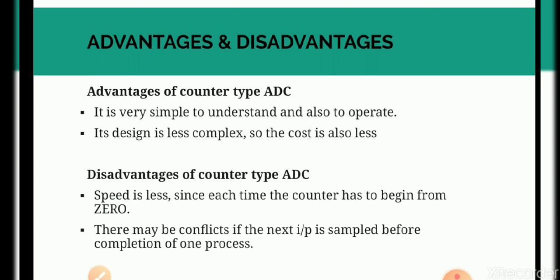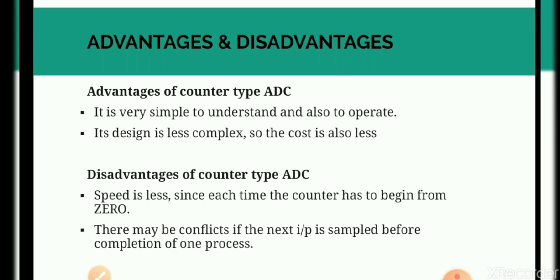That means to convert a very high value of analog voltage, we have explained a 4-bit counter, and with the help of the 4-bit counter we have taken the maximum count of analog input as 15. But suppose we have to convert 150 volt, then for that we need 150 clocks and also a higher bit counter.